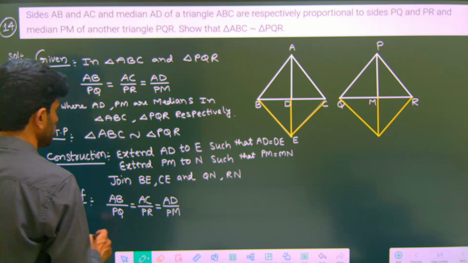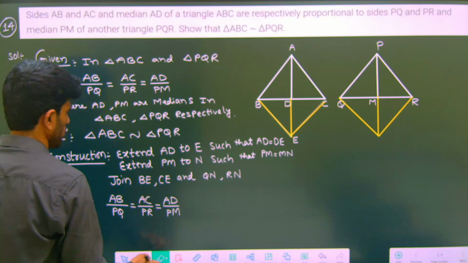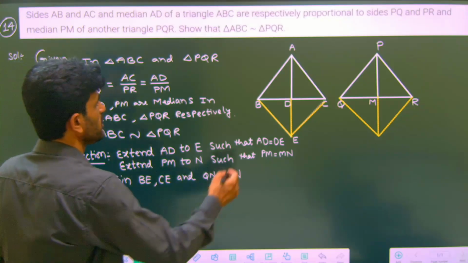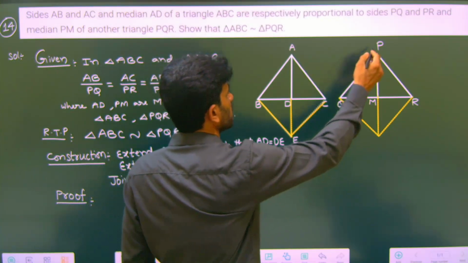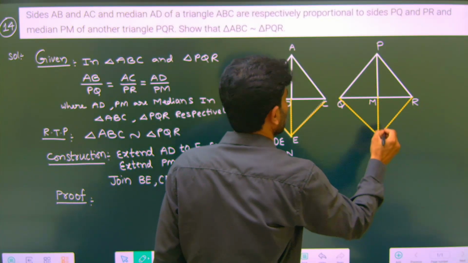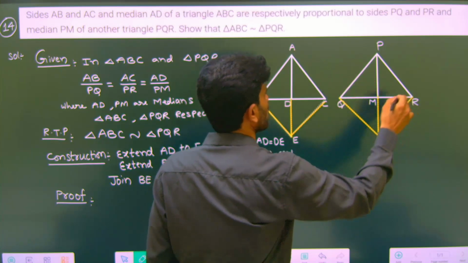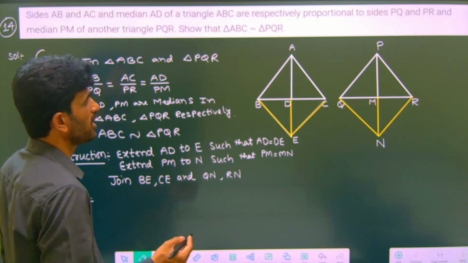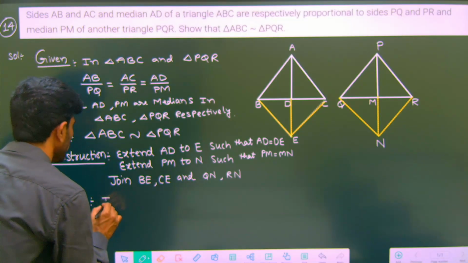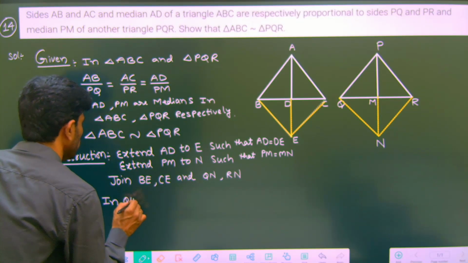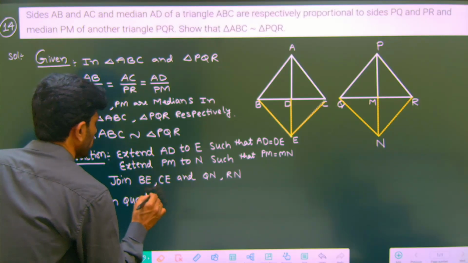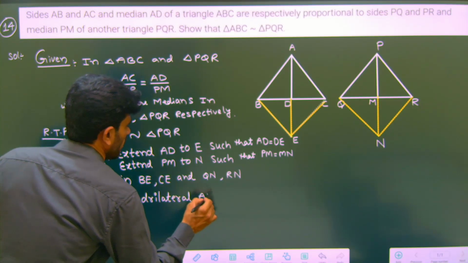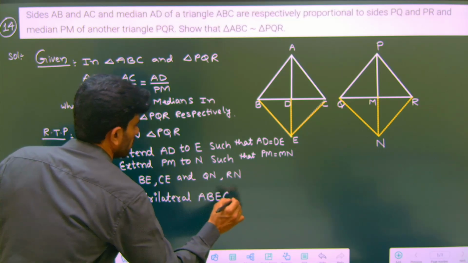Before writing this, you have to prove that ABEC and PQNR are parallelograms. How can we prove this? Take quadrilateral ABEC.